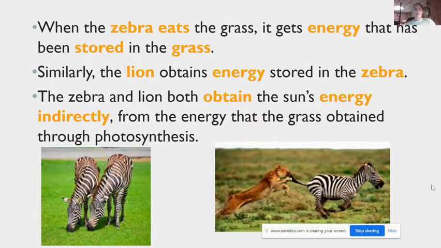And in the same regard, the lion obtains energy that's stored in the zebra, which has energy that was stored in the grass. But it's an indirect source of the sun's energy because it doesn't go from the sun straight to the lion. It has to go through other organisms.